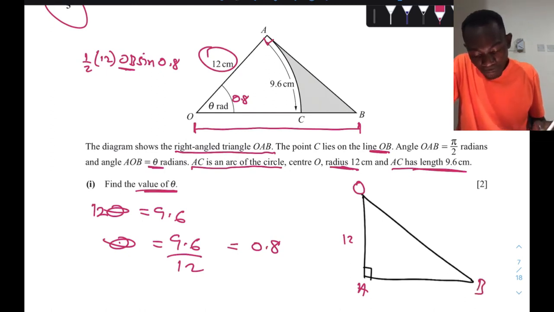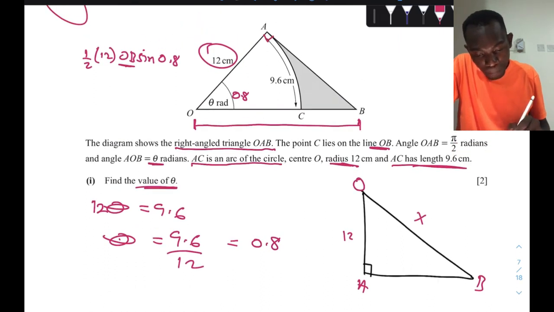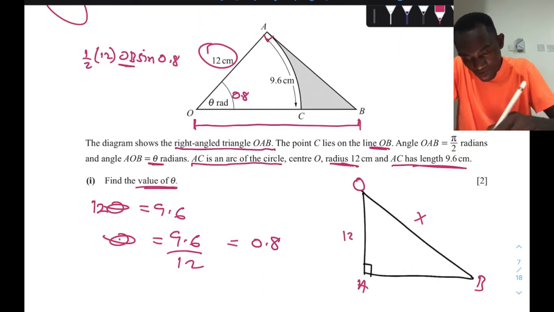What you are looking for is the hypotenuse, actually. That is the OB. Let's call that x. And also, you know the angle at AOB, so the angle right here, let me use blue, is 0.8.